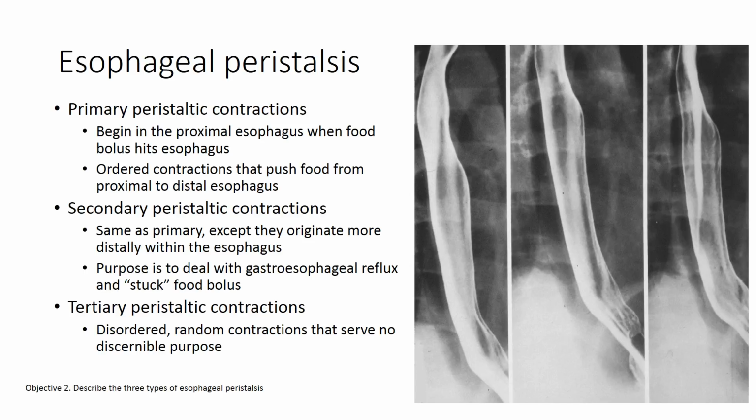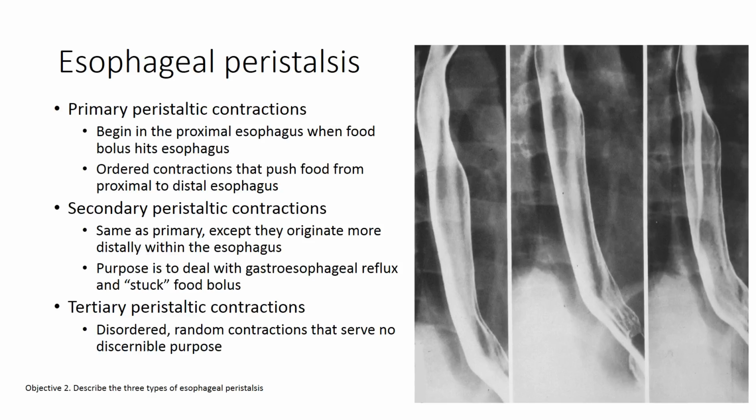Secondary peristaltic contractions are exactly the same as primary peristaltic contractions, except for their point of origin. These don't originate within the proximal esophagus. These originate usually in the mid to distal esophagus. And otherwise, they have exactly the same action and pretty much the same function.